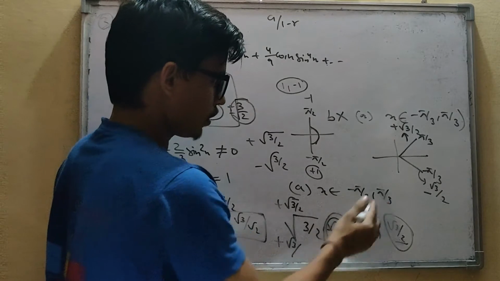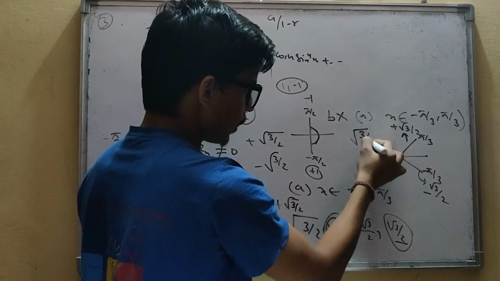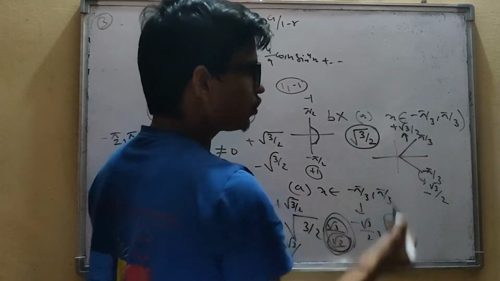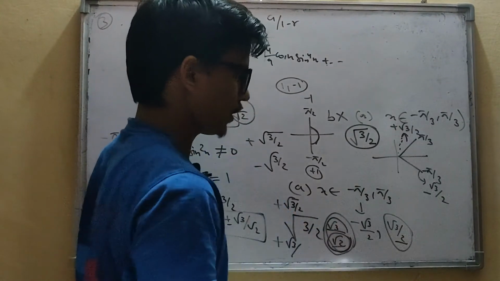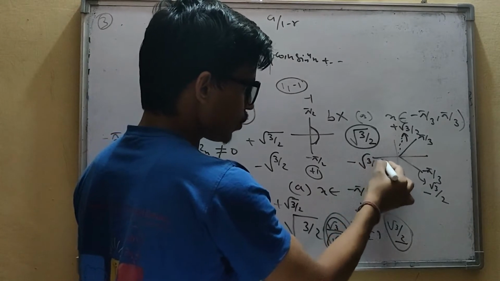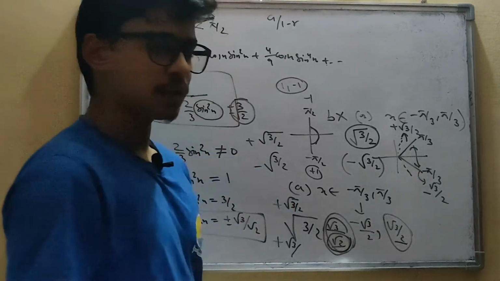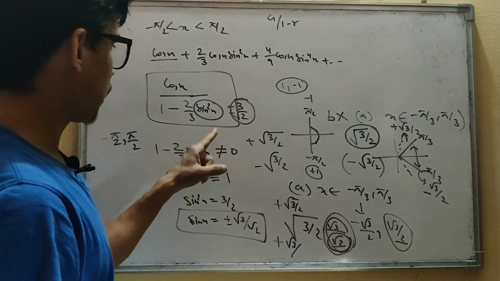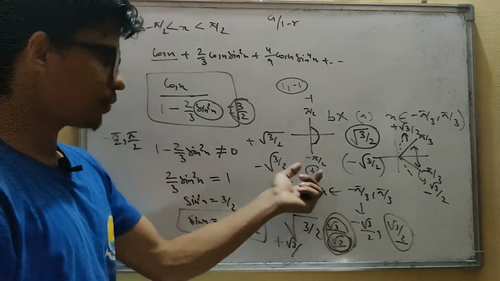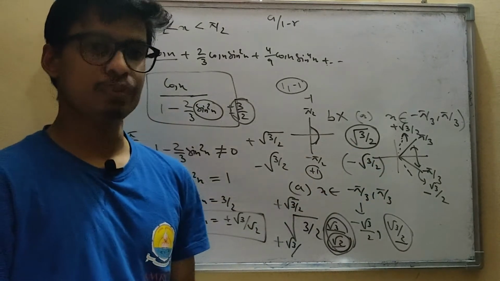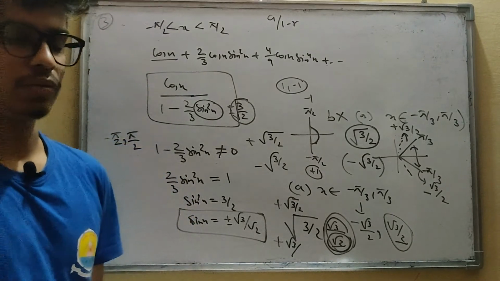You can also check it: root 3 by root 2 is actually greater than root 3 by 2, so it is going to be somewhere here, and minus root 3 by 2 is somewhere here, and the value of x is lying between these. So it is not possible that the value will become plus minus root 3 by root 2. As it is not possible to attain that value, it is not possible to get an infinite sum.